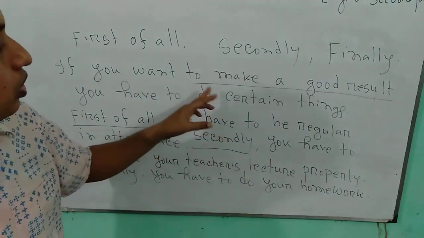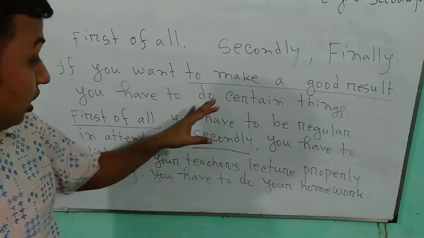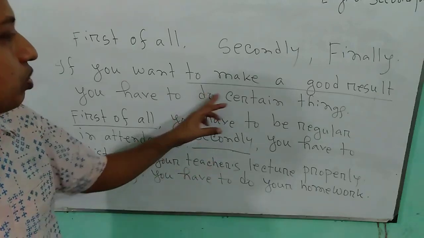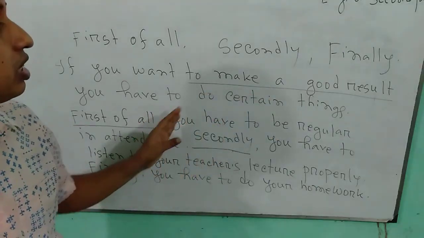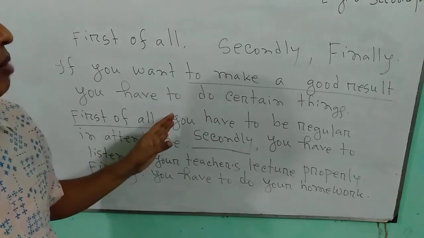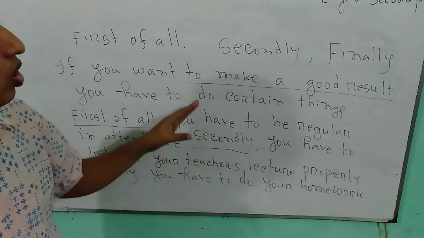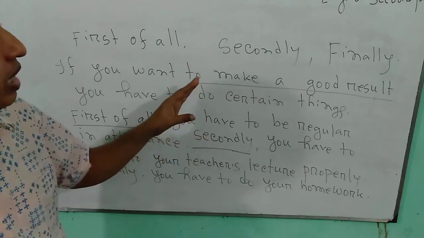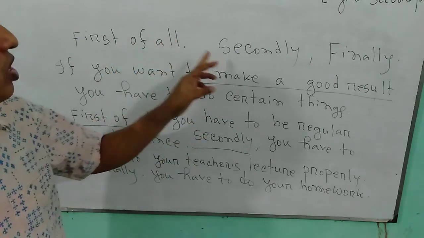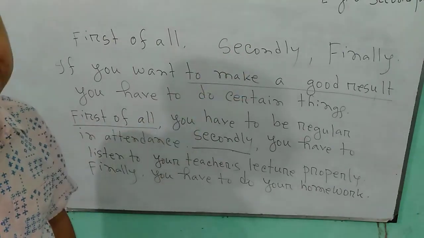So, by doing these three activities, you can make a good result. In this way, if you come across order of events, you will use first of all, secondly, finally.